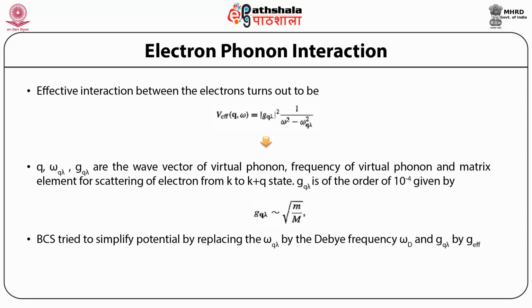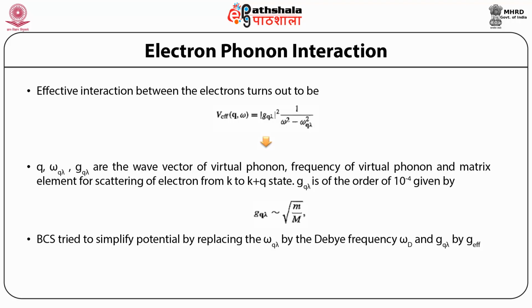So the BCS theory tried to simplify the potential by replacing omega_qλ by the Debye frequency omega_D, and g_qλ by some constant, that is g effective. Okay, this is basically just a simplification.